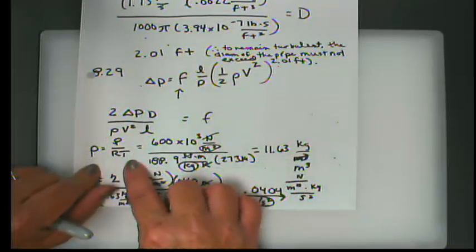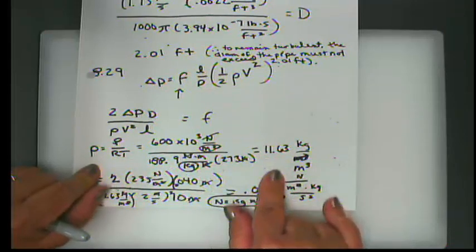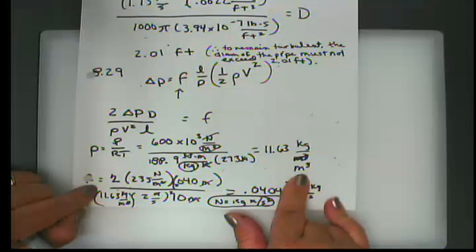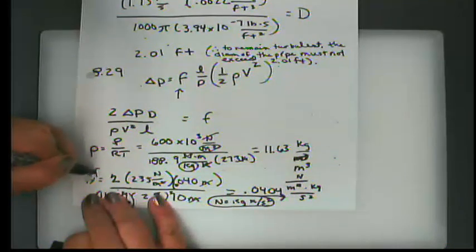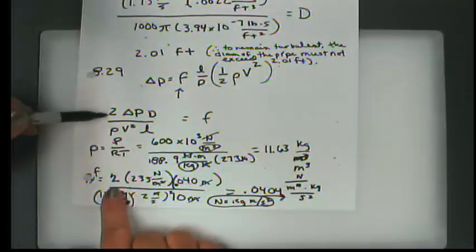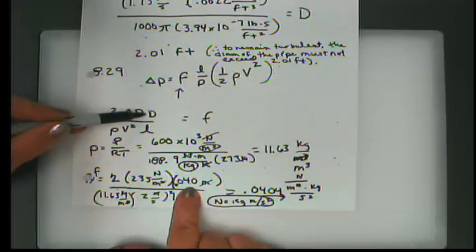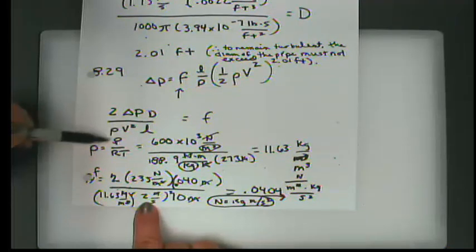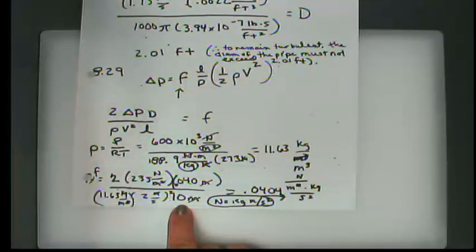We need to get rho. Once again, we're assuming ideal behavior. We come up with a value of rho of 11.63 kilogram per meter cubed. We then plug in. This is my friction factor. It's equal to 2 times the given delta P times the given diameter, which I'm expressing in meters, over rho, which I calculated from the ideal gas law, times the velocity squared times the length, because we're told that this pressure drop occurs per 10 meters of length.